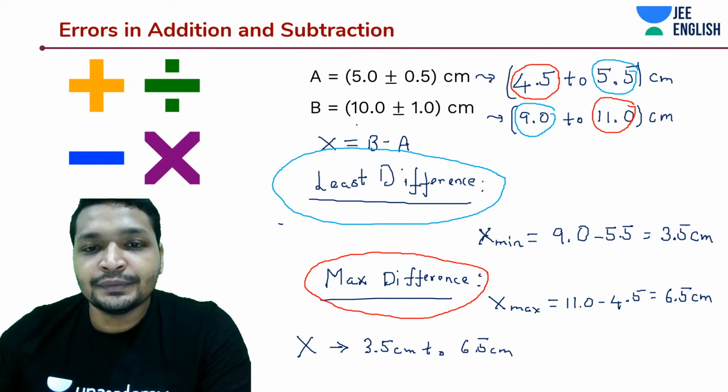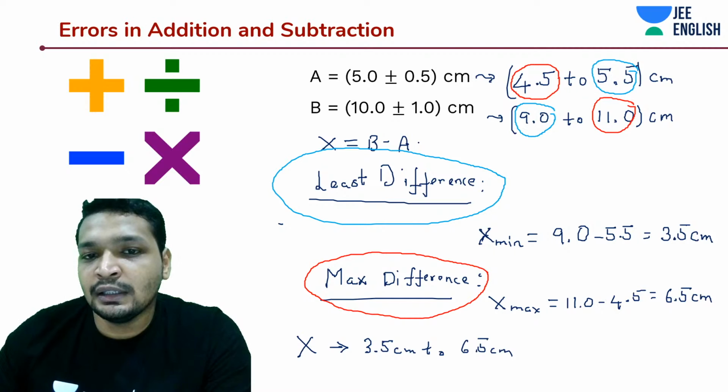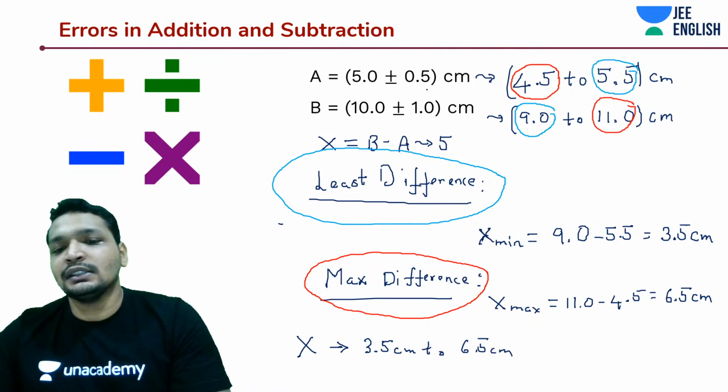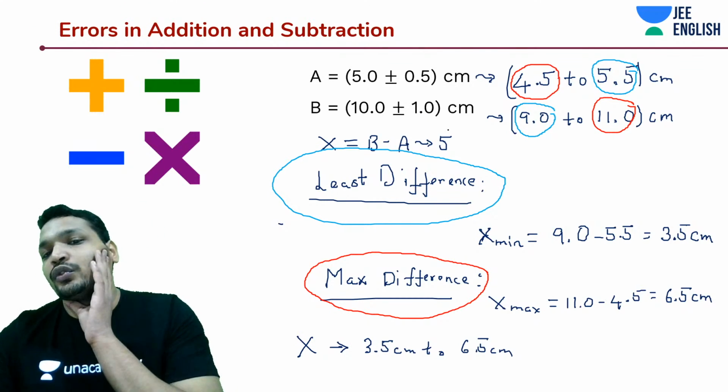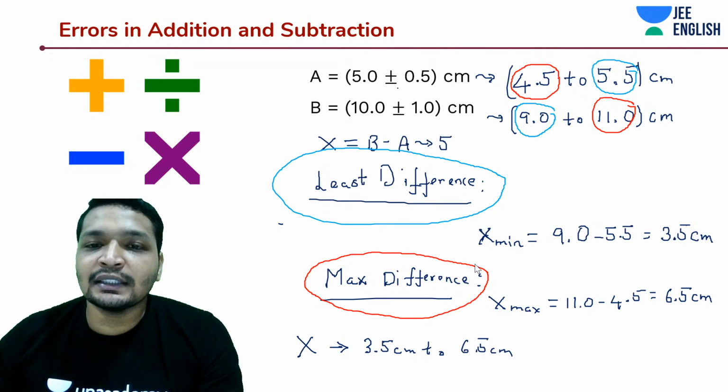Let's first of all subtract B from A the way we did earlier. Should we subtract this? Would we get it? No. We should add them. If I had subtracted them, it's going to be 0.5.